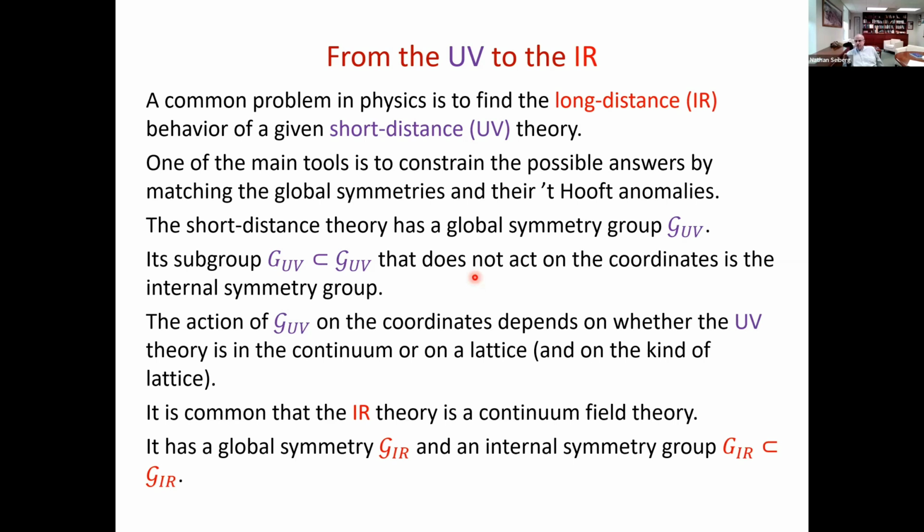But the quotient is not a symmetry, because T squared is a non-trivial operator in the theory. We cannot set it to 1. In fact, it's one of the symmetry groups. So the group theory is a little bit more involved. Could you tell me in the quotient, what is the denominator? You take the curly GUV and you quotient by a certain subgroup of it.